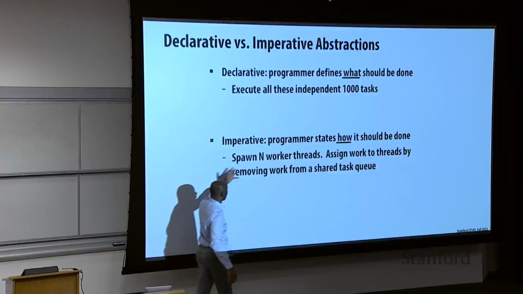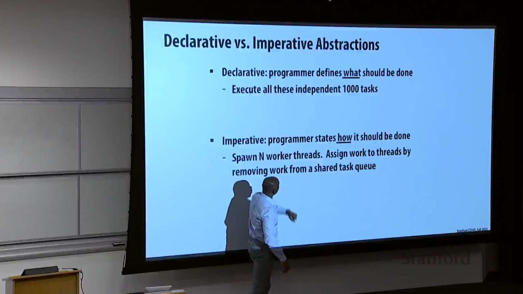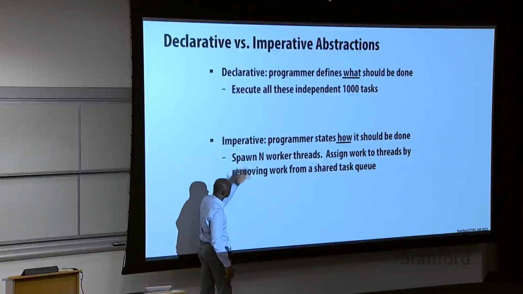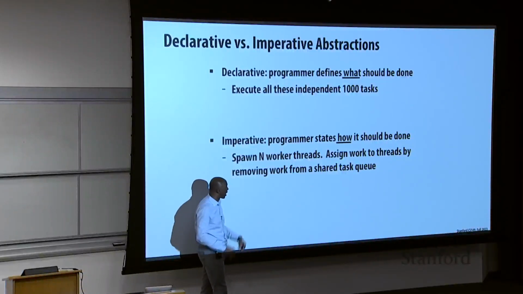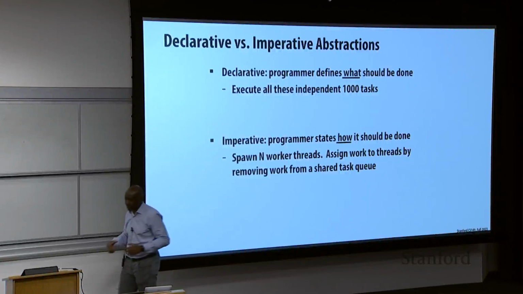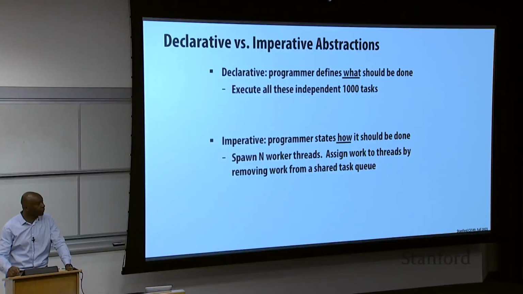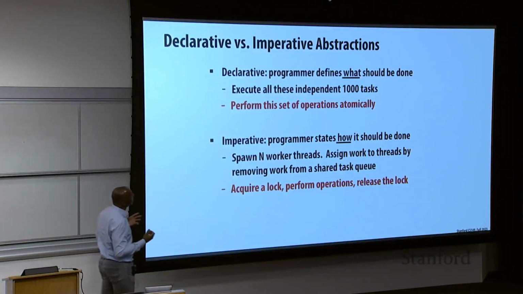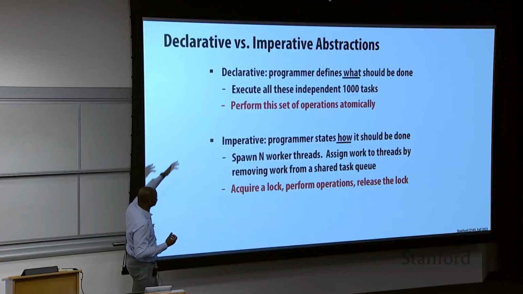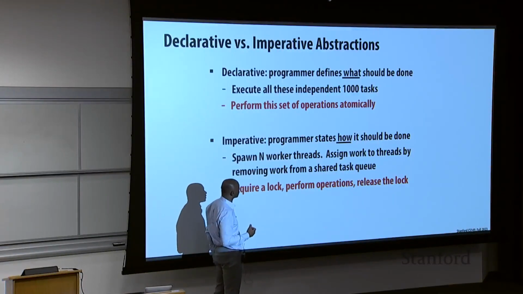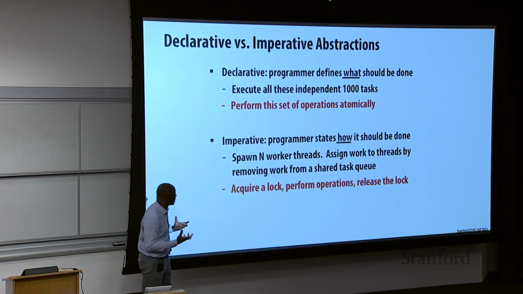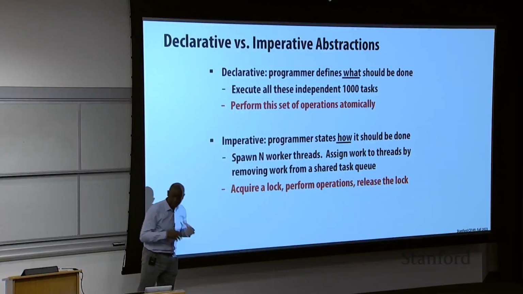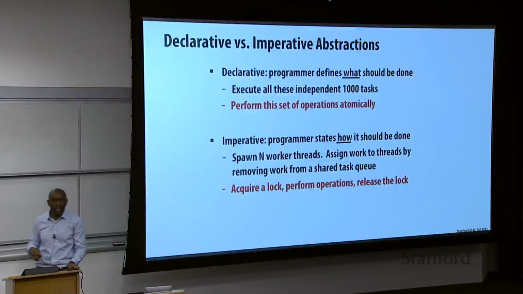So instead of saying launch a bunch of independent tasks, you say spawn n worker threads and assign threads to work explicitly using some sort of shared task queue. The synchronization analog to declarative versus imperative semantics is this: a transaction says perform this set of operations atomically, whereas if you are dealing with locking, then you have to explicitly acquire locks, perform the operations, and release the locks.